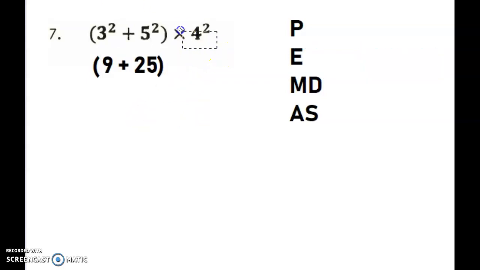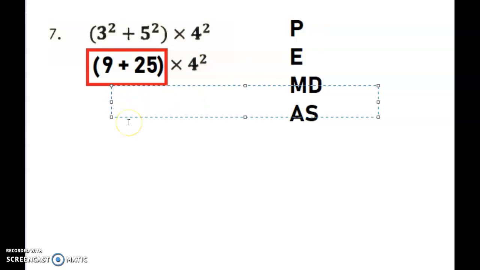And then this right here, I would just bring down, right? So now I could actually work out what's inside my parentheses. What's 9 plus 25? I'm just going to put a box around this so I know what I'm working on. And 9 plus 25 is 34, right?